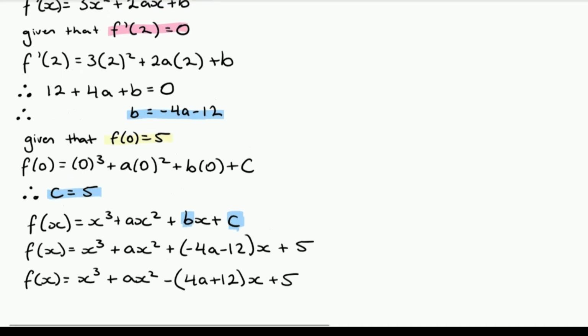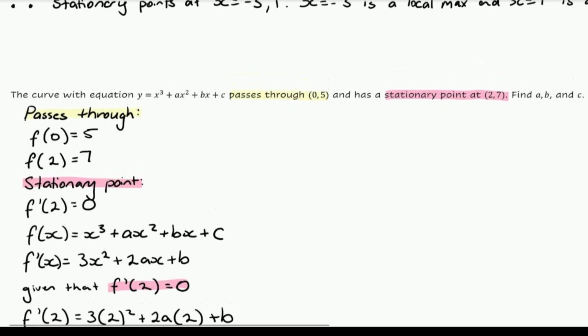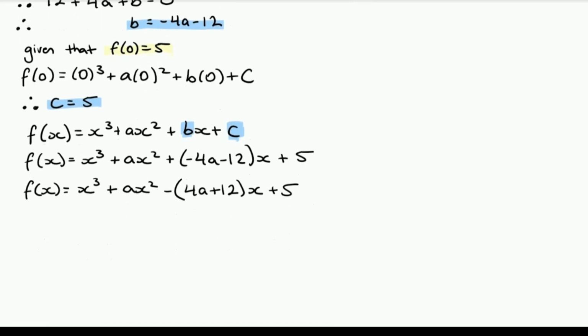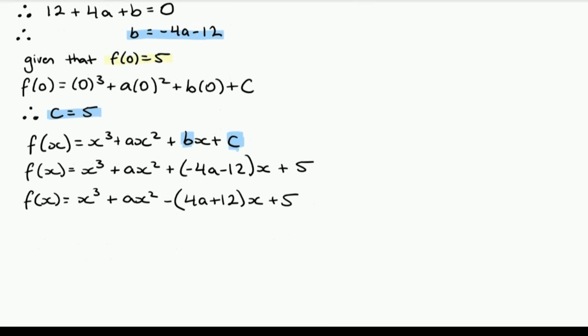Now, we were given another point up here, which was my f of 2 equal to 7. So I'm going to plug this in here, as I can't really plug in f of 0 equal to 5. Otherwise, this expression over here will go away, as well as this one, and we'll be in the same boat where we only have this 5 left. So we're going to plug in our other point that we've been given.